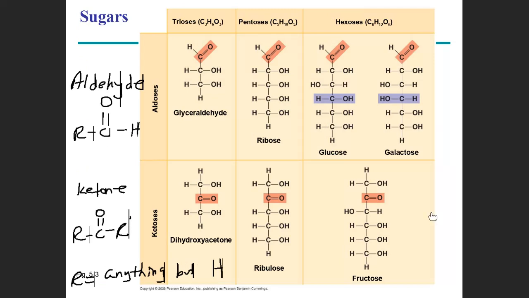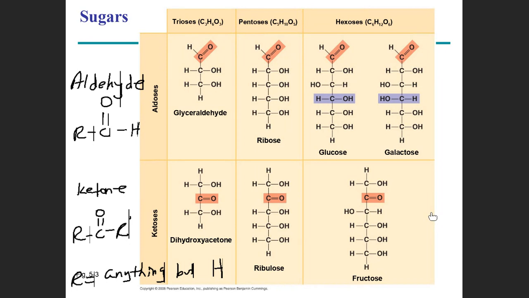So sugars are two major types, aldoses and ketoses. So whenever you see the suffix ose, O-S-E, that indicates a sugar. Not to be confused with ASE, which is an enzyme.